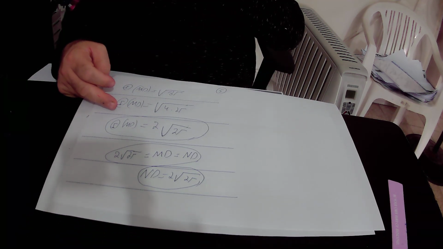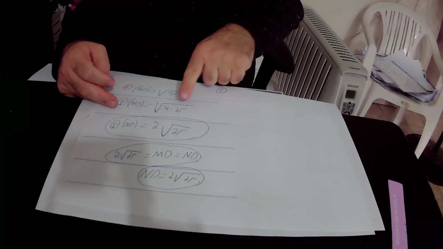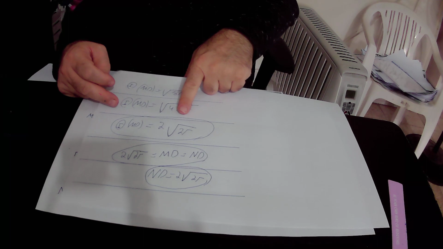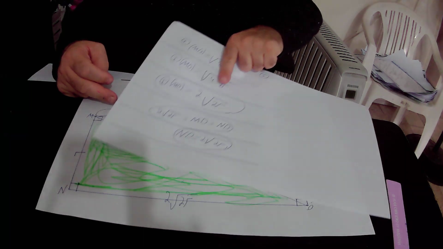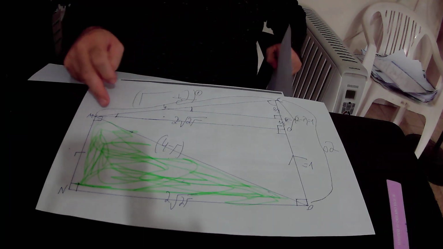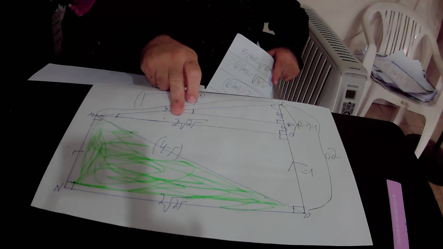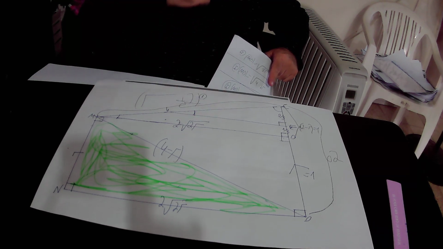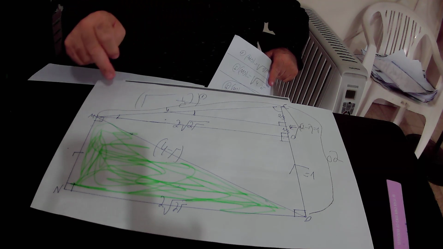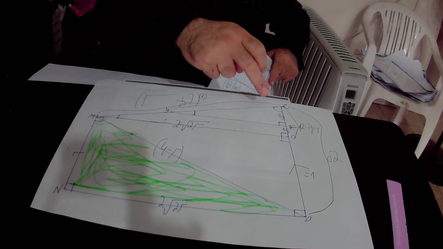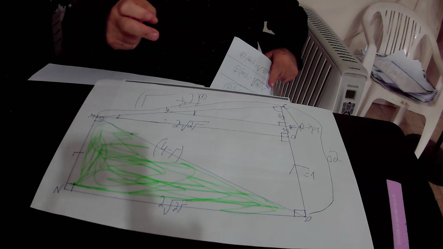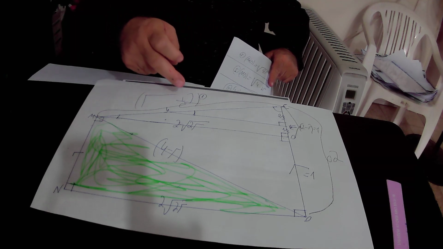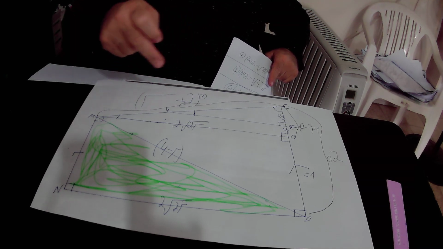And here we got that MD equals 2 times square root of 2R. But we know that quadrilateral MNDO is at least a rectangle, and the opposite sides of a rectangle are equal to each other.